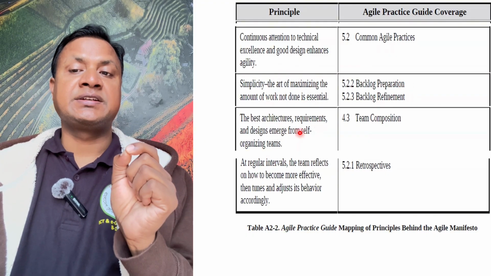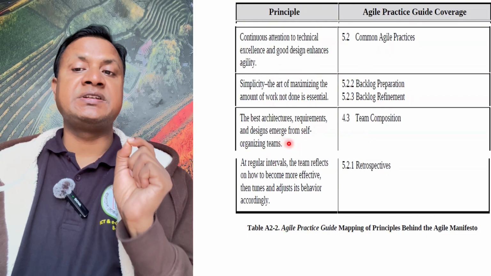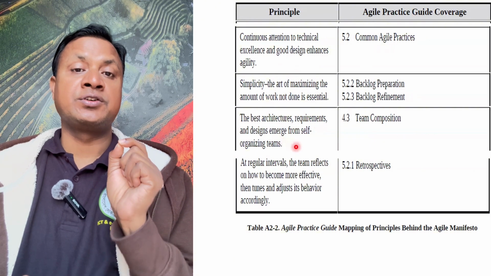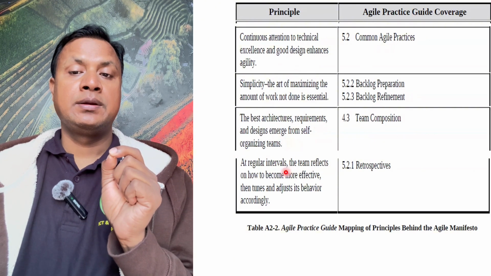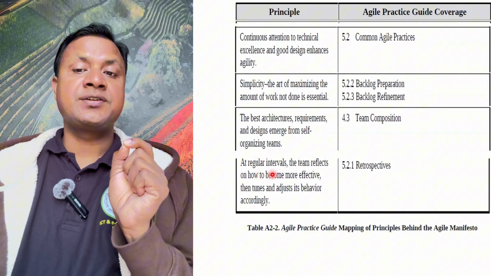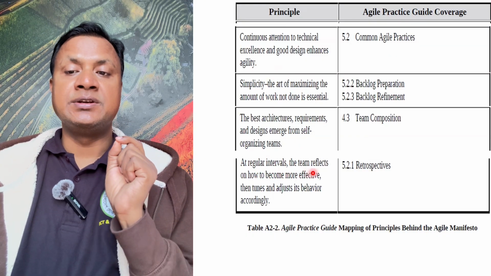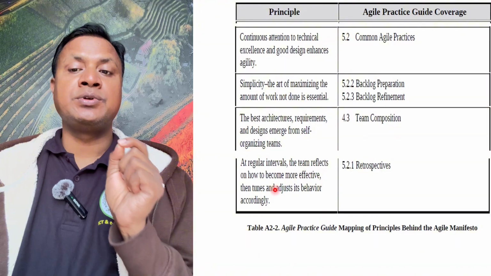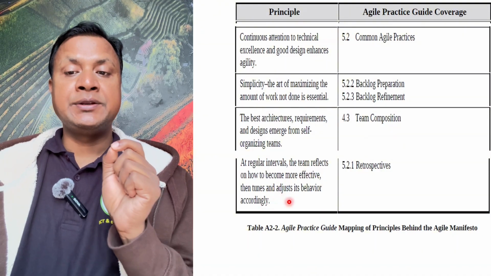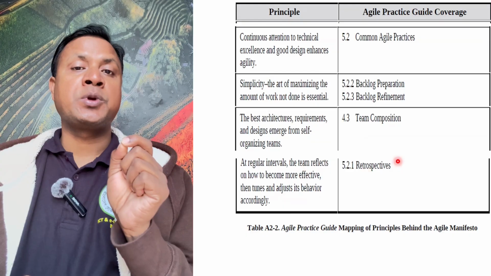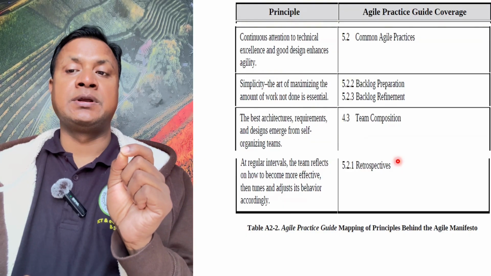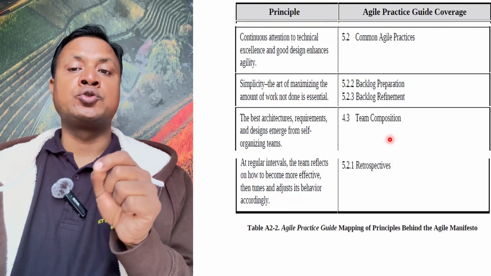The best architectures, requirements, and designs emerge from self-organizing teams. So team composition should be in that manner. At regular intervals, the team reflects on how to become more effective and tunes and adjusts its behavior accordingly. So retrospectives actually help in this matter.